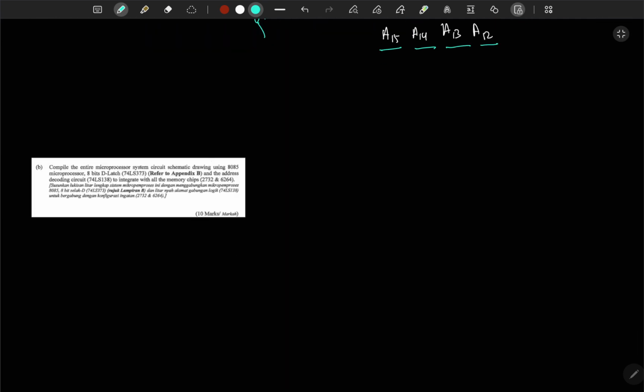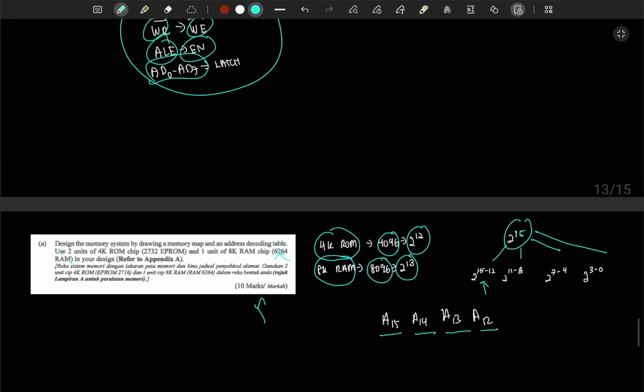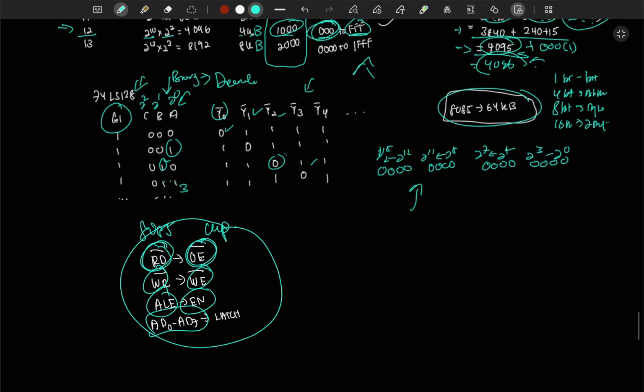This schematic involves an 8-bit latch, which is easy, and the decoding circuit, so we need to be careful. As I said here, we need to refer to this. If we refer to this E11, let me just make it 100 where 1111, and we will be using Y4.